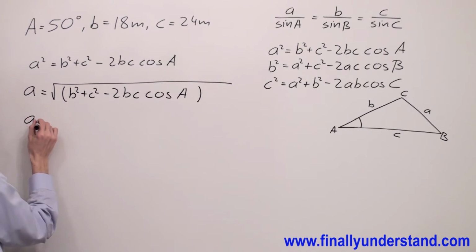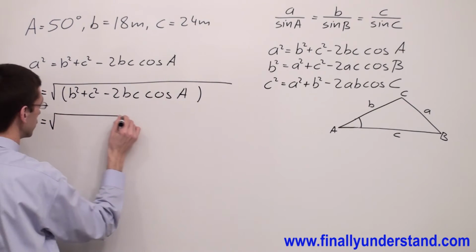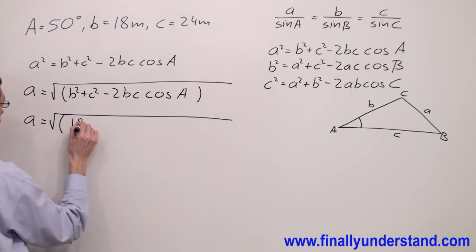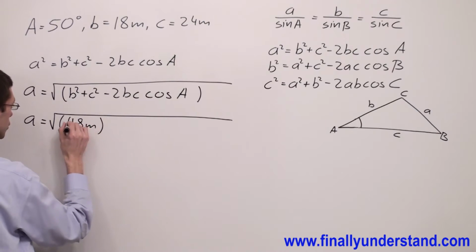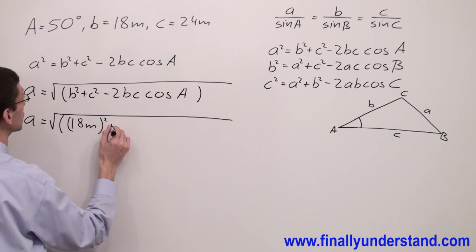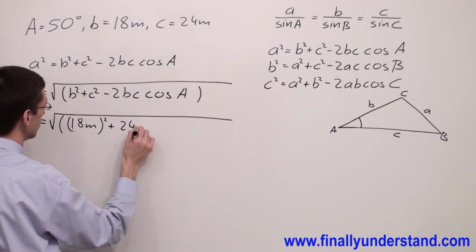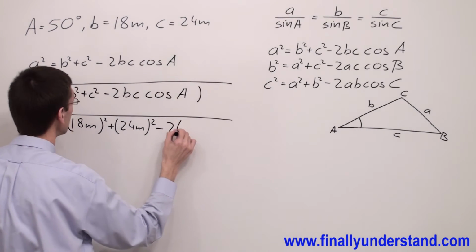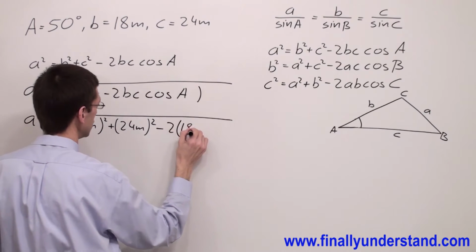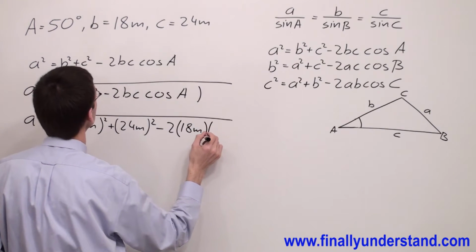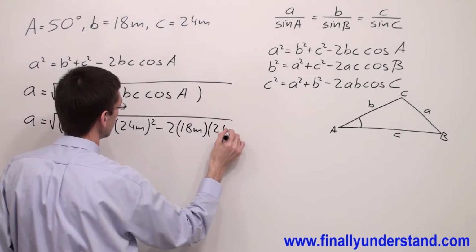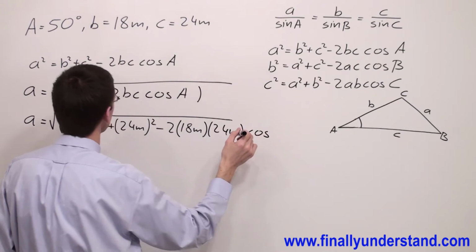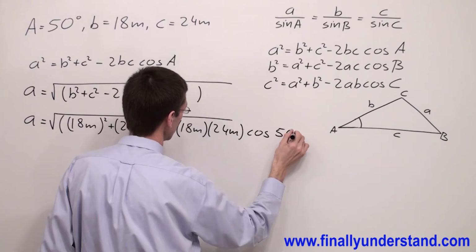So I have A is equal square root, open parenthesis, 18 meters to the second power plus 24 meters to the second power minus 2 times B, which is equal 18 meters, times C, which is equal 24 meters, times cosine of angle 50 degrees.